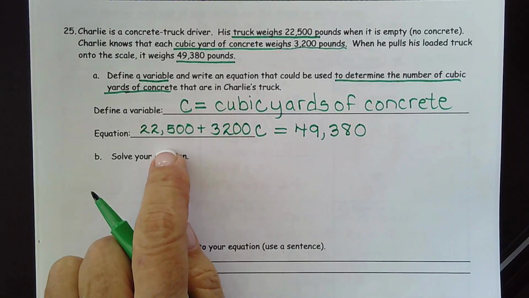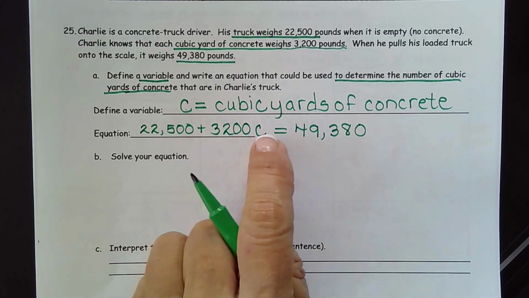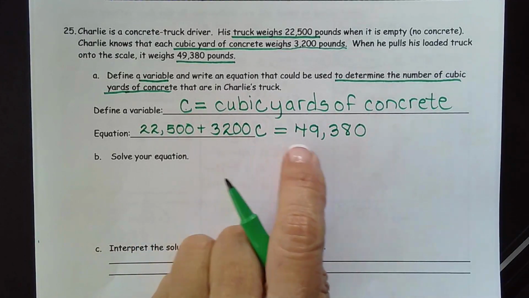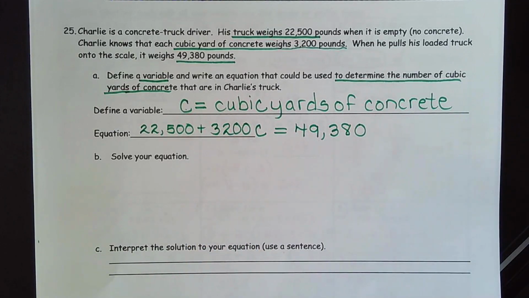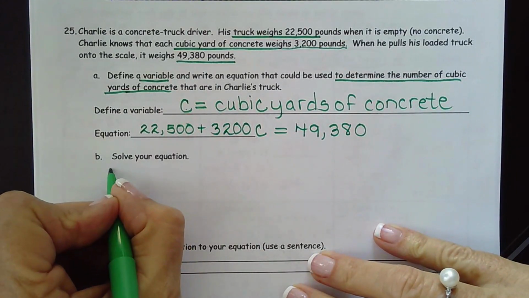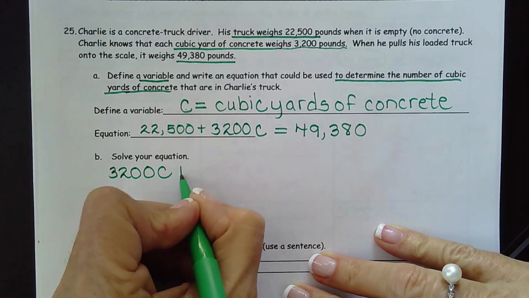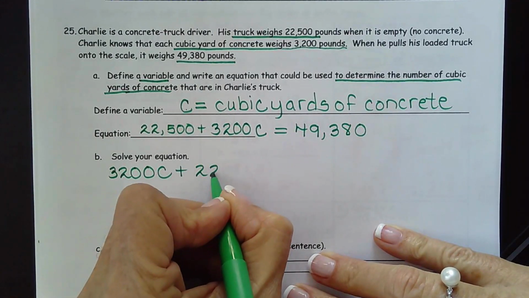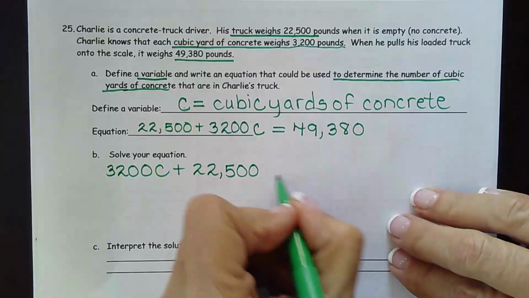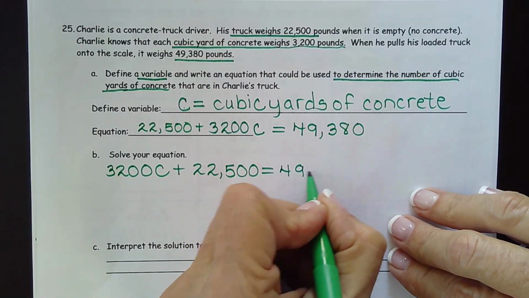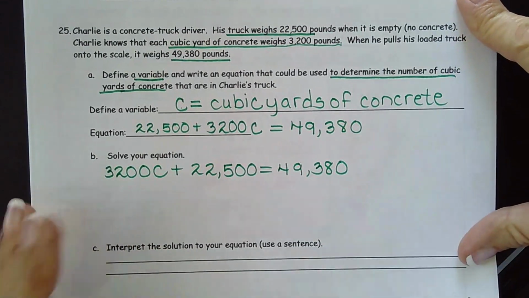So his truck plus the concrete, and it's 3,200 pounds for every cubic yard he has, give us a total of 49,380. Again, I'm going to flip this one around when I rewrite it. So 3,200C plus 22,500 equals 49,380. And then it's just a simple little two-step problem.